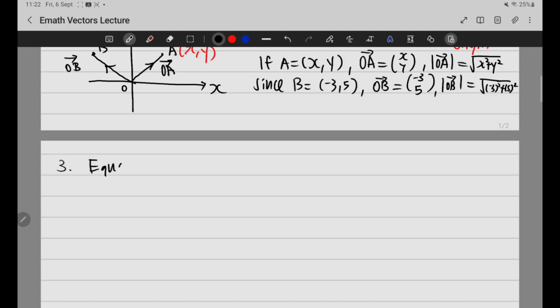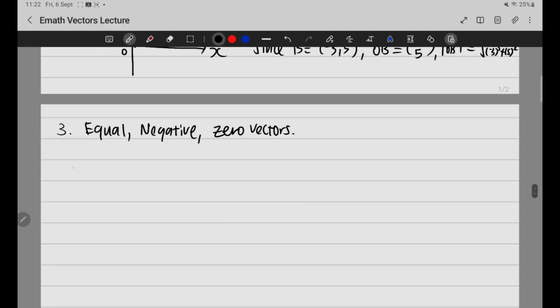Equal, negative, zero vectors. Now, what do we mean when two vectors are equal?